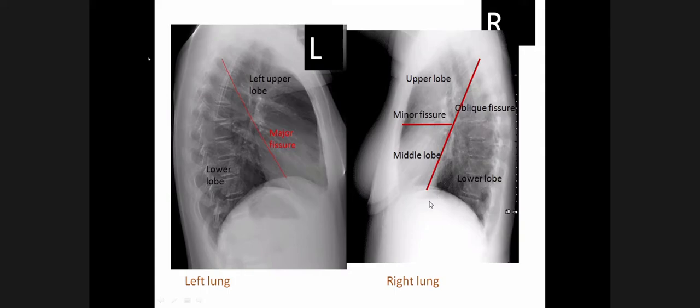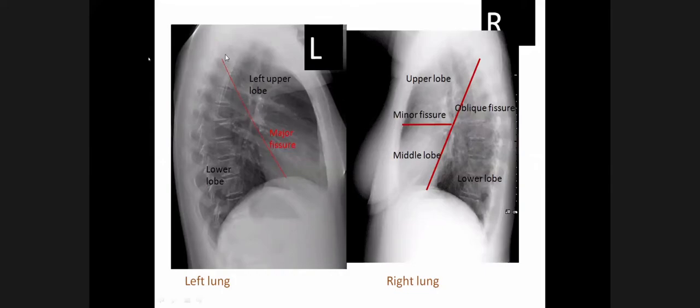To decide whether right or left, you have to look at the frontal view, to differentiate between the sides.